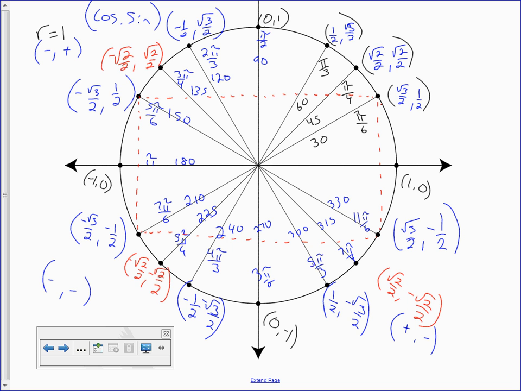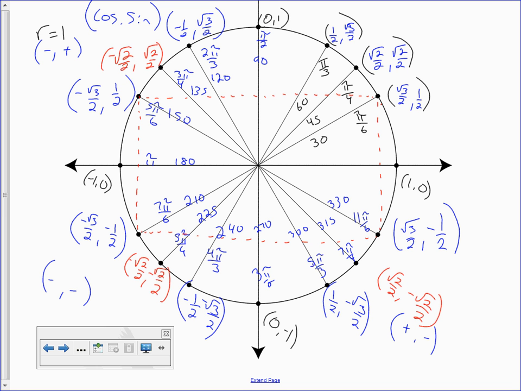That's an easy way to help remember it. And once you know that one quadrant, just remember how everything mirrors itself going all the way around the unit circle just by using the rectangles.